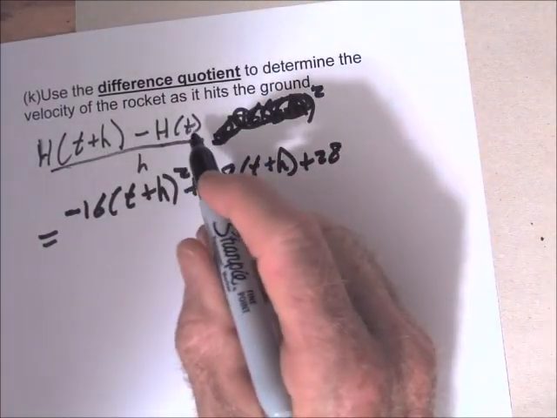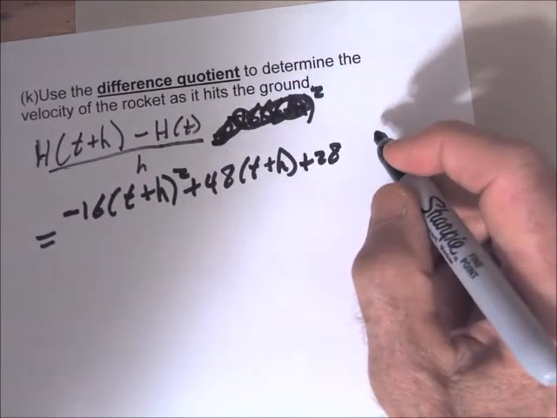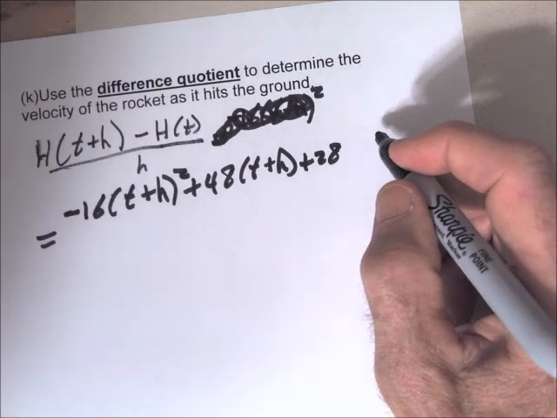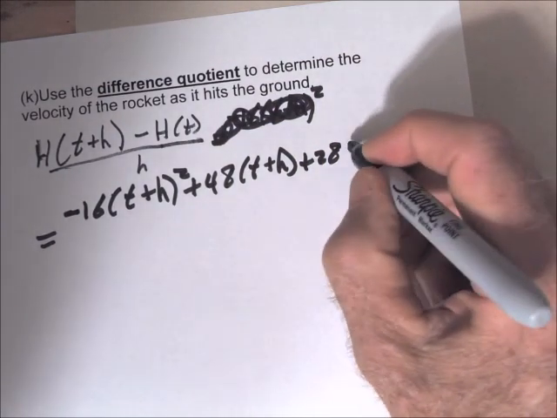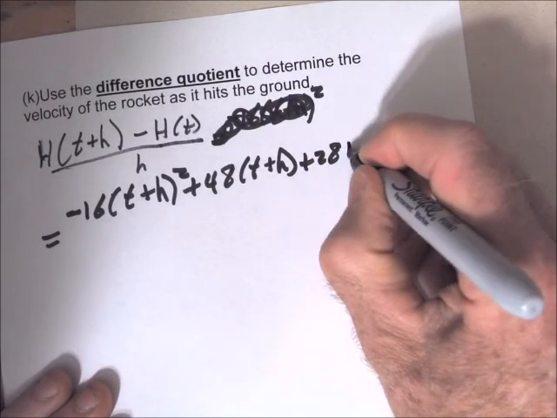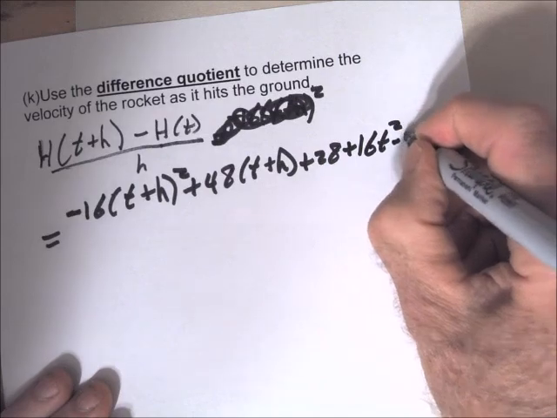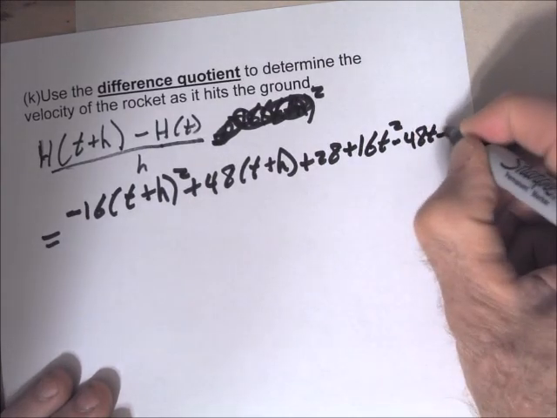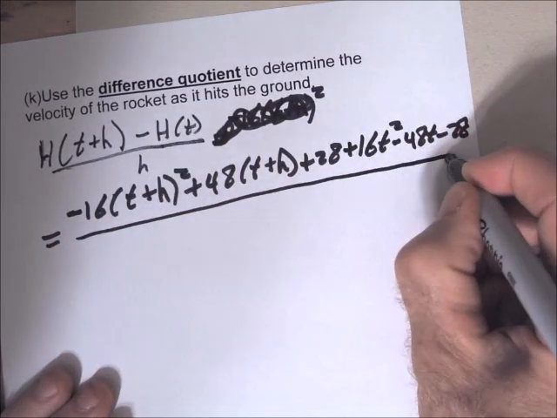So in the formula for h of t, I'm just replacing t by t plus h. And then when I subtract h of t, subtract means you want to change the sign, so it'll be plus 16t squared minus 48t minus 28, and the whole thing is over h.